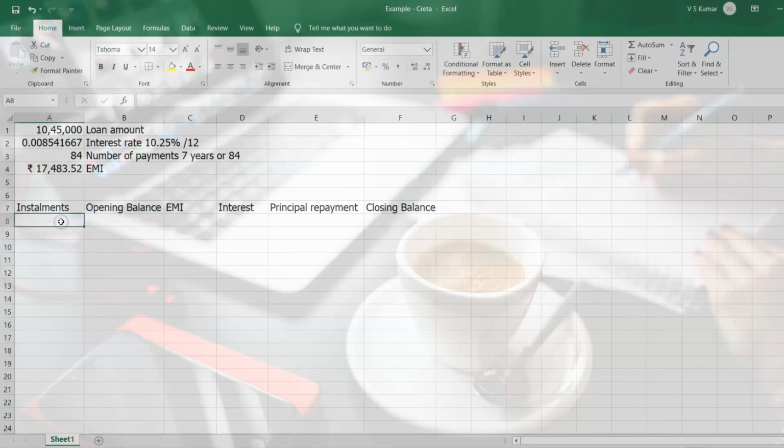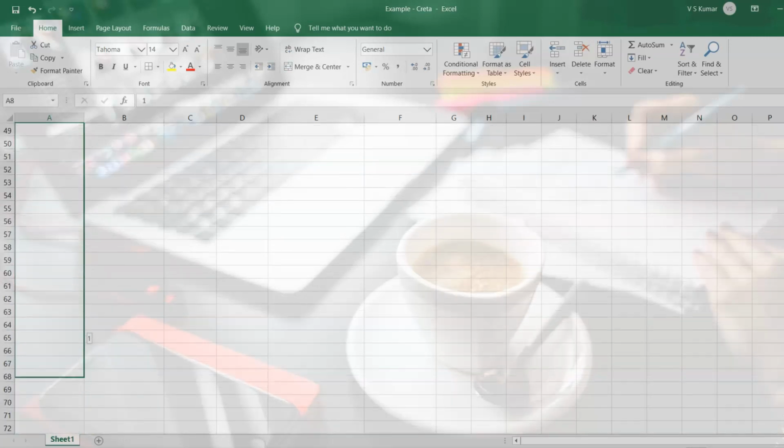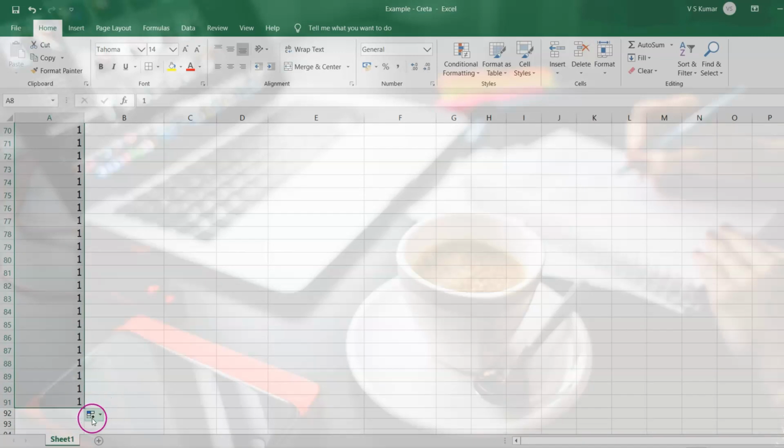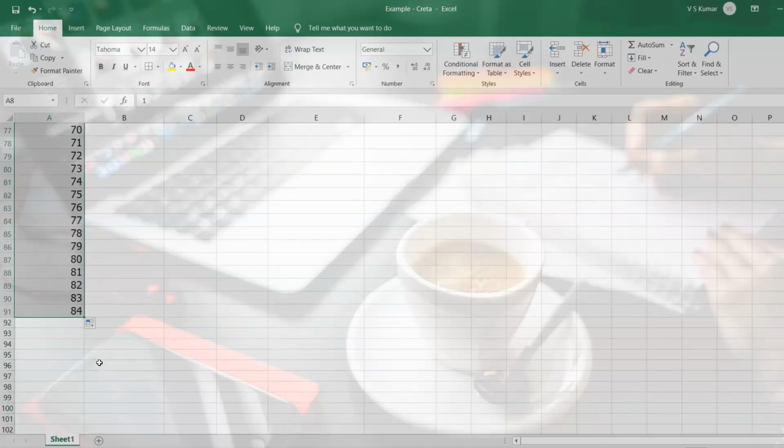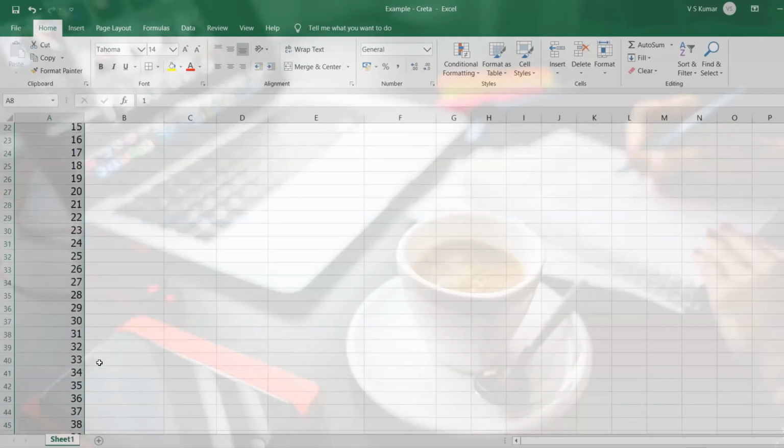So number of installments, 84. Use fill series. So you are getting 84 installments.